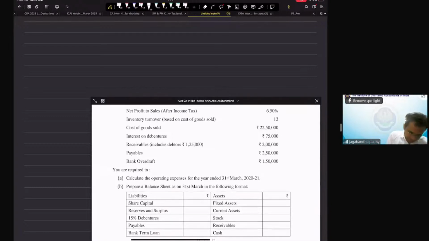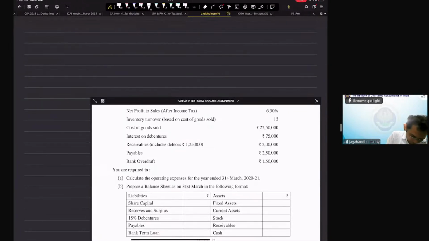So here we have liabilities. In the liabilities, we have got share capital, right?